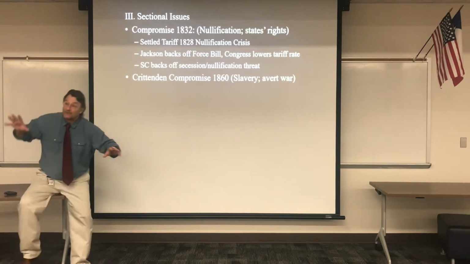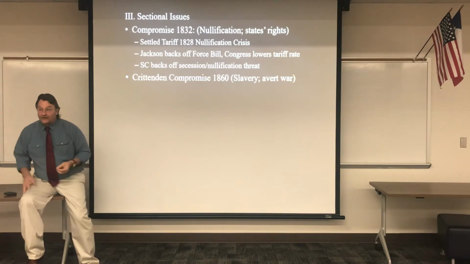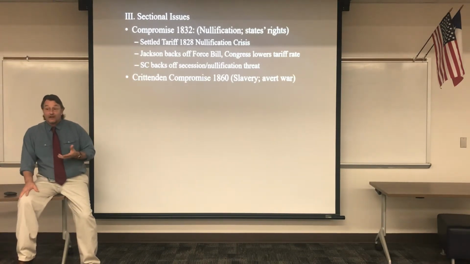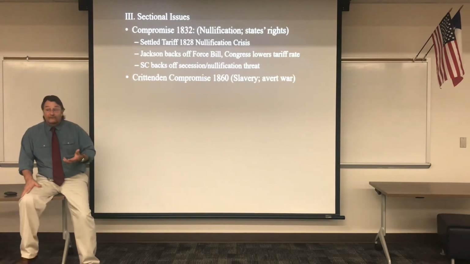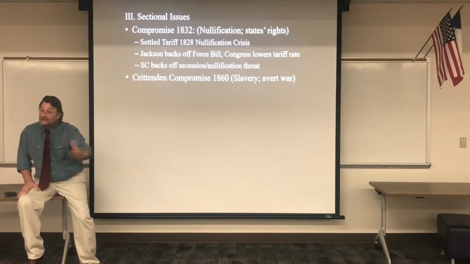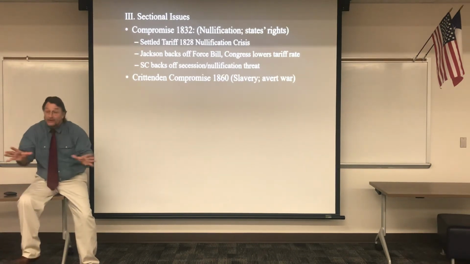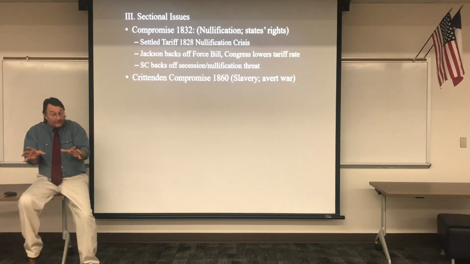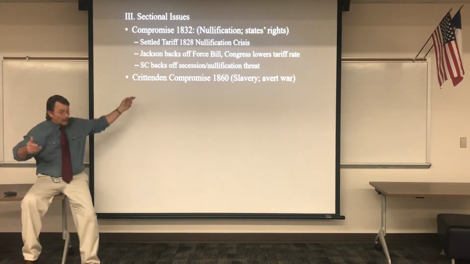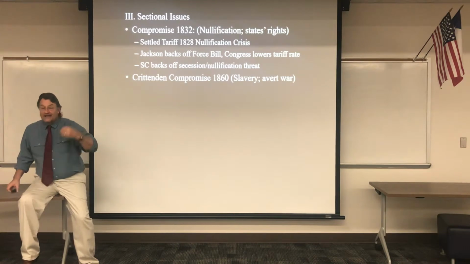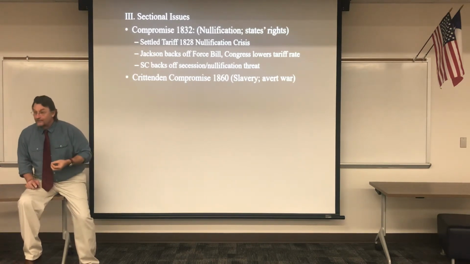Now, before we go on, think back to Dred Scott. We talked about this the other day. In 1857, Dred Scott said that you cannot pass any law to prevent slaveholders from taking slaves from one state to another. You cannot restrict it. So Crittenden's compromise is not intended to be a law.